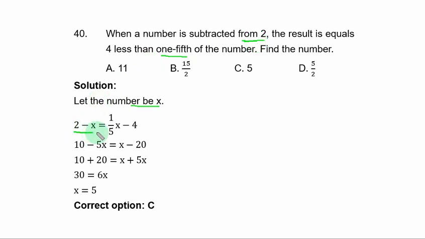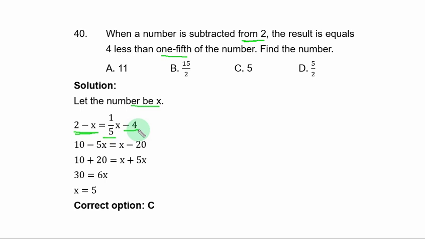That is 2 minus s in this form, and that result is equal to 4 less than, that is, you subtract 4 from 1/5 of the number, that is 1/5 of s minus 4.